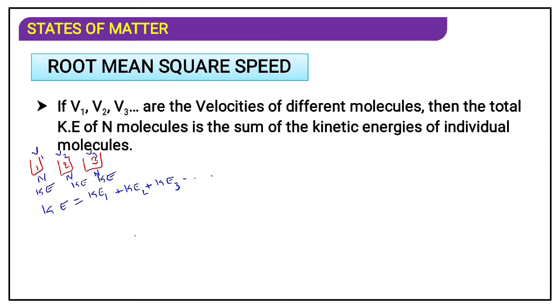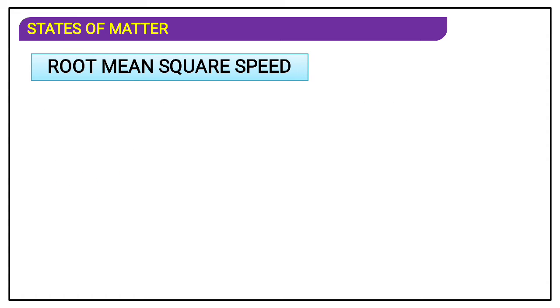Their RMS velocity, the root mean square velocity, is equal to what? We have nv square equals v1 square plus v2 square plus v3 square.